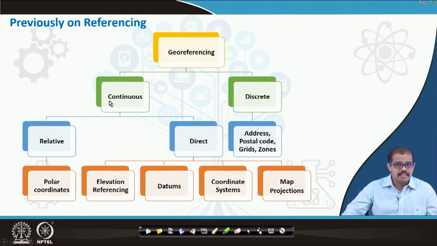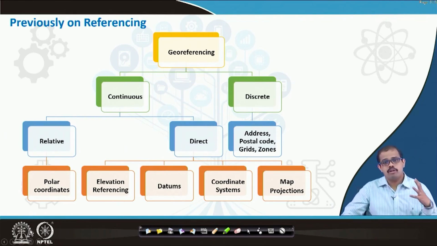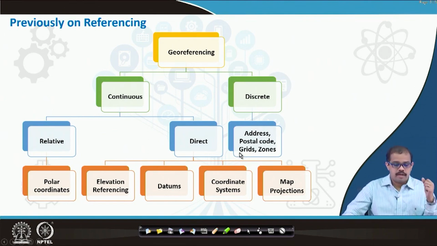Under relative georeferencing, we have polar coordinate referencing, whereas under direct georeferencing, we have elevation referencing, datums, coordinate systems and map projections. This is what we would look at in the next 2-3 classes of this subject. Then we looked at discrete referencing and how it can be done. This is what we learnt in our first lecture on this topic.